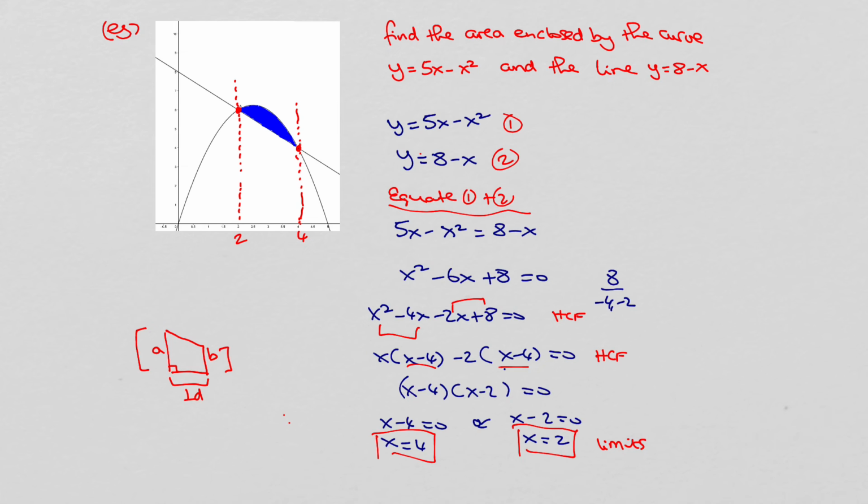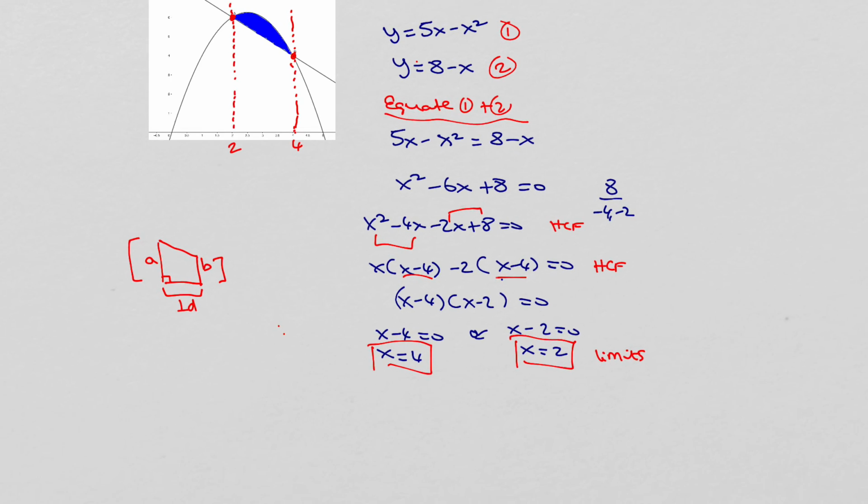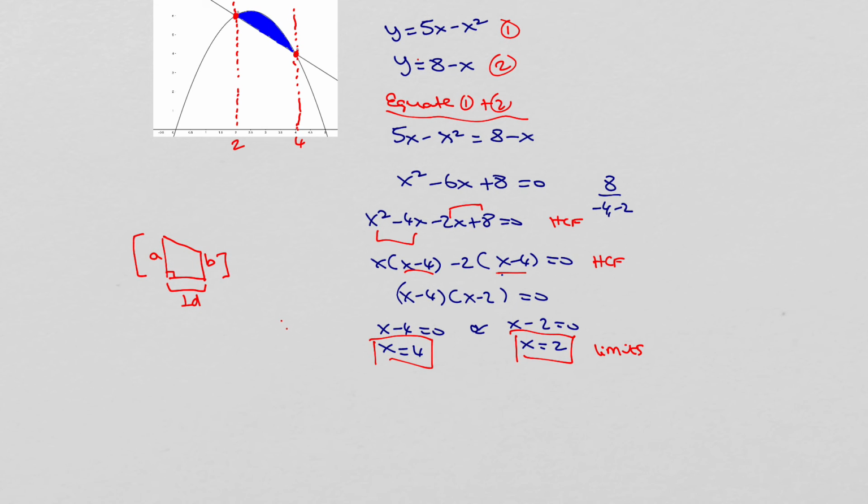And if you want to use that equation, then you would need to know what your y coordinates are. So in other words, let's sub in to find the y coordinates. As I said, we weren't asked for them, but if you're going to use this area of a trapezium, which is (A plus B) over 2 times the perpendicular height, which is that distance there, then we would need to know the y values.